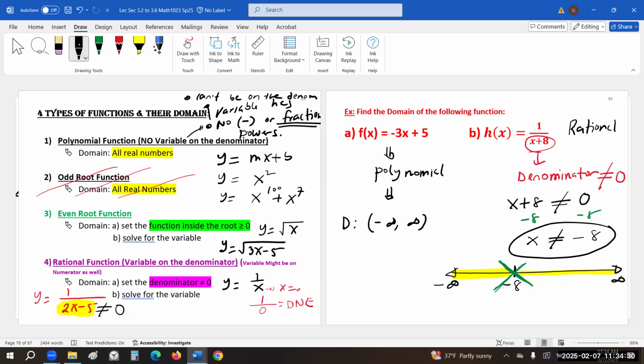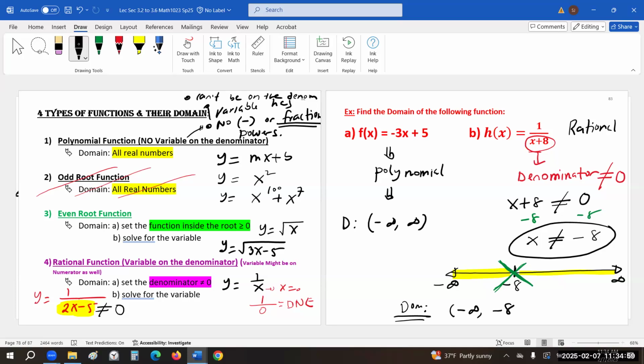Now, how do we write this as an interval notation? In interval notation, we look at each interval and see what is the left number and what is the right number there. So in this interval, the smallest number is negative infinity, and the largest number we see is negative 8. So in interval notation, we write our domain as negative infinity to negative 8.